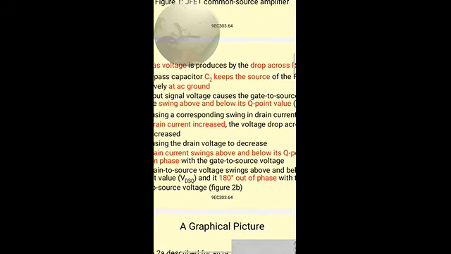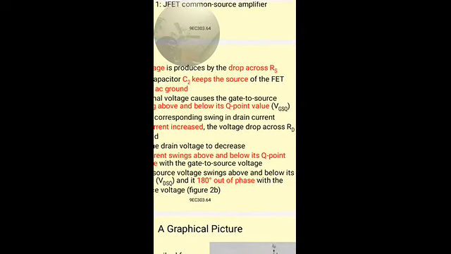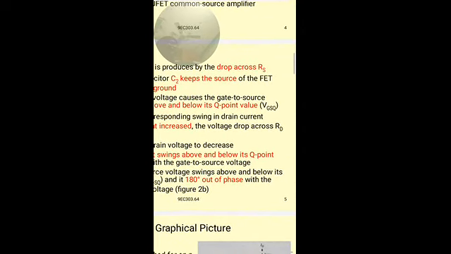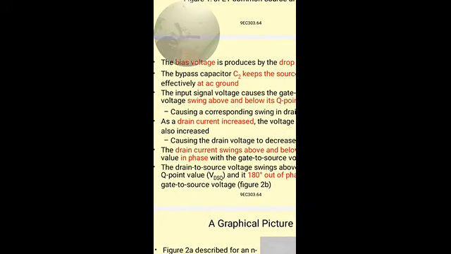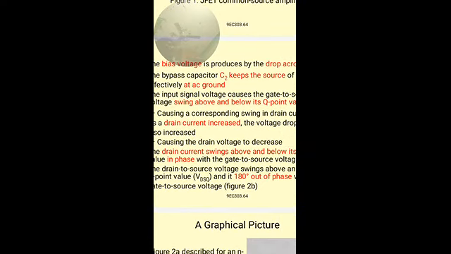As the drain current is increased, the voltage drop across RD increases. So when the drain current increases with the increase in the gate voltage, it is actually the gate voltage which causes the change in the drain current. The drain current depends on the gate voltage.